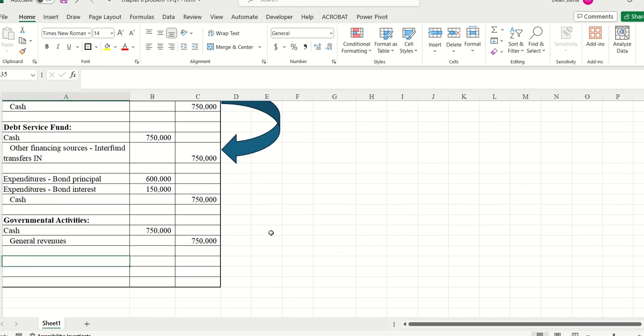And then we have to take care of the payment. So we've got expenses, interest on long-term debt. And we're going to hit the bonds payable.